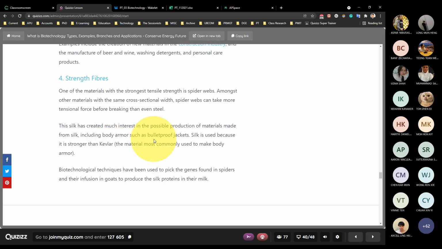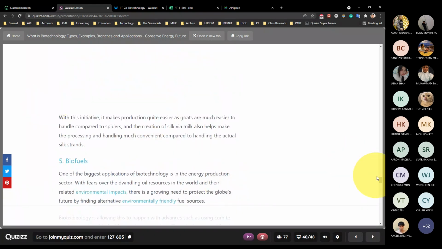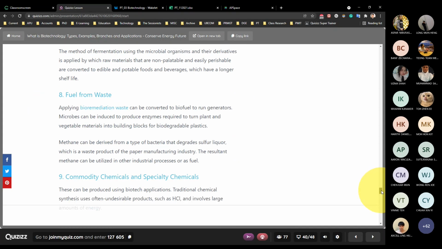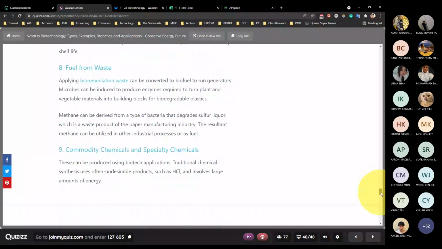But with biotech, even more of those items can actually exist today. Biotechnological techniques have been used to pick the genes found in spiders and infuse them in goats to produce the silk proteins in their milk. So as you can see, a lot of this application has gone quite advanced and quite far. There's biofuels. Whenever we speak about biofuels, there are a lot of different materials that can be made into fuel, not just the ones that we are aware of currently.